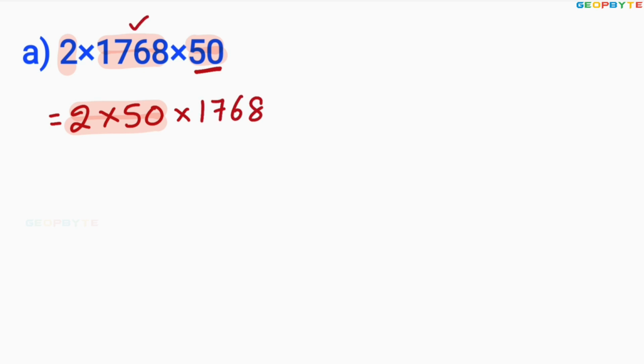I am going to rearrange like this. 2 into, first I am writing this value because you know 2 into 50 is 100 multiplied by this number 1768. 2 into 50 is 100 multiplied by 1768.